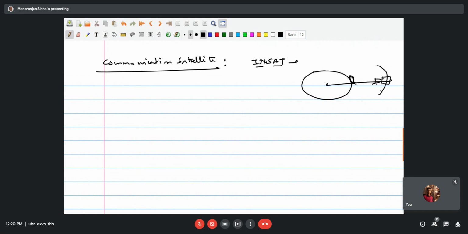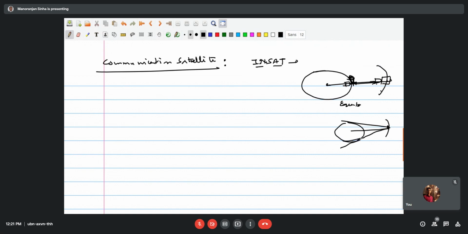We are showing the equator, so somewhere India is lying from this portion to this portion. So it will be able to communicate with it. In general, if a satellite is in the geostationary orbit, its field of vision will look like this.